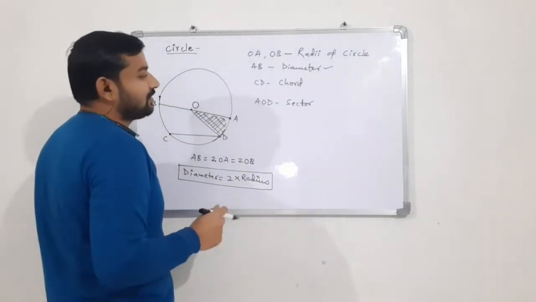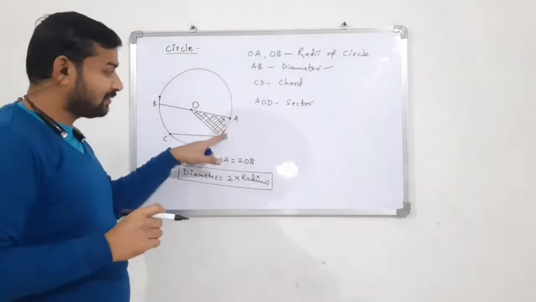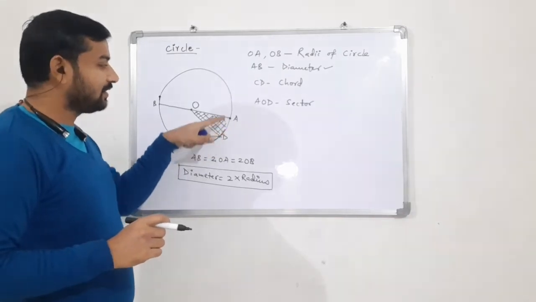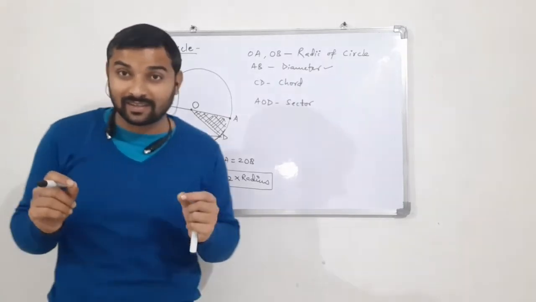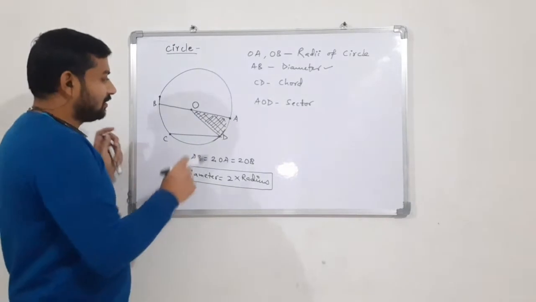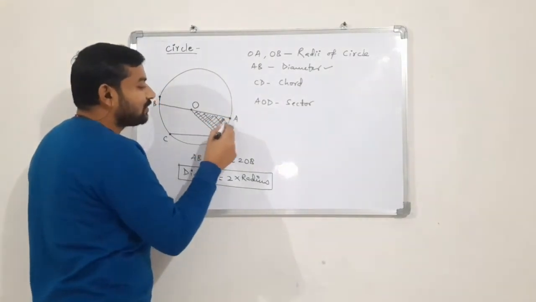So sector is the area enclosed between an arc which is AD here, area enclosed between an arc and the pair of corresponding radii. जो भी arc हम consider कर रहे हैं उसकी जो corresponding radius जो होगी उसका और जो आर्क है उनके बीच में जो एरिया इंक्लोज होगा उसी को हम सेक्टर बोलते हैं.